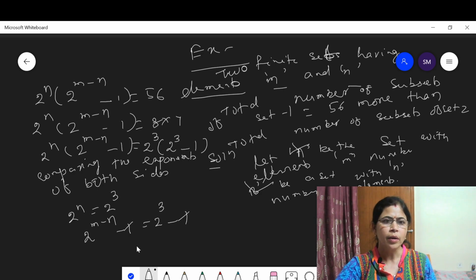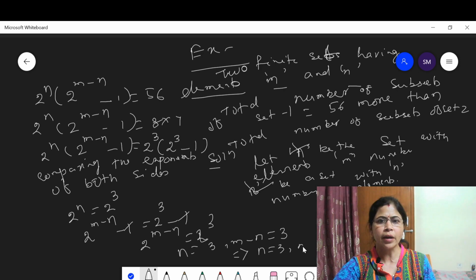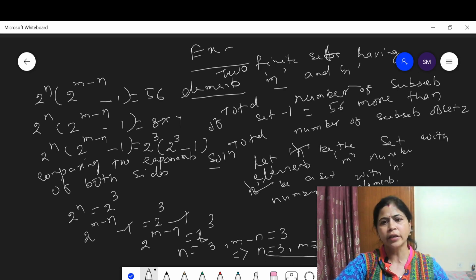The 1 cancels, so 2 to the power m minus n is equal to 2 to the power 3. This means n is equal to 3 and m minus n is equal to 3, which implies that n is equal to 3 and m is equal to 6. Then we come to the conclusion that the value of n is 3 and m is 6.